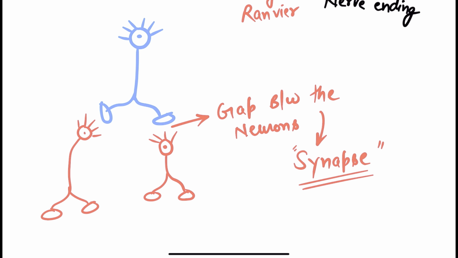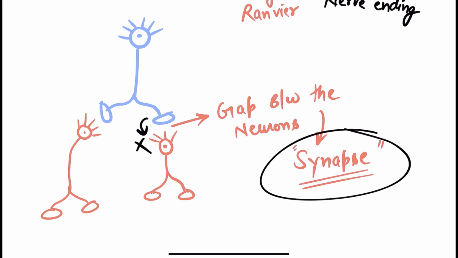Now we have a gap over here between the two neurons, and the nerve impulse cannot jump from this neuron towards this neuron because the gap is really large, so nerve impulse cannot directly jump from here. So let's see कि इस गैप में, जिसको हम लोग synapse बोल रहे हैं, एक्चुअली में क्या होता है.